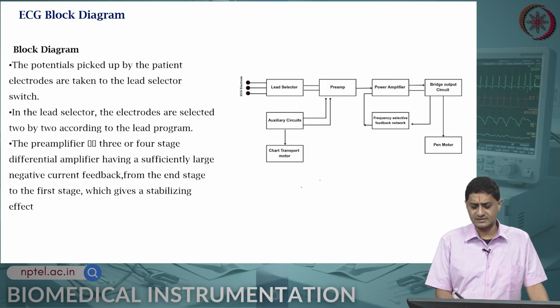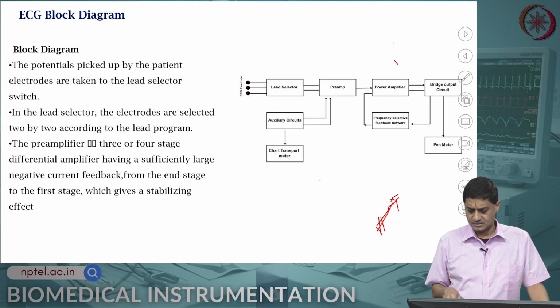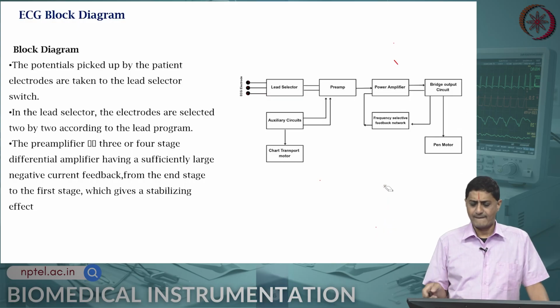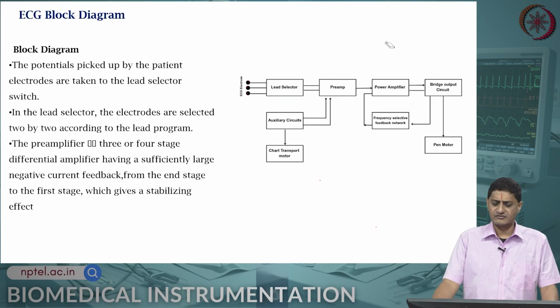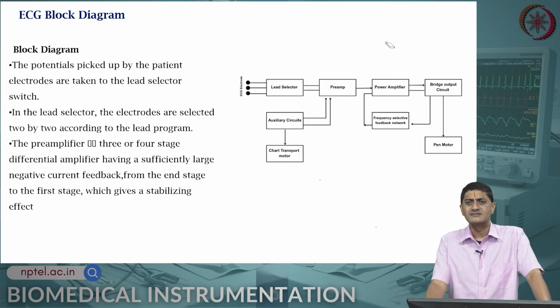Through the lead selector, the analog signal is sent to a pre-amplifier, then this signal is sent to a power amplifier, and then there is a frequency selective feedback network that chooses the gain of the power amplifier.